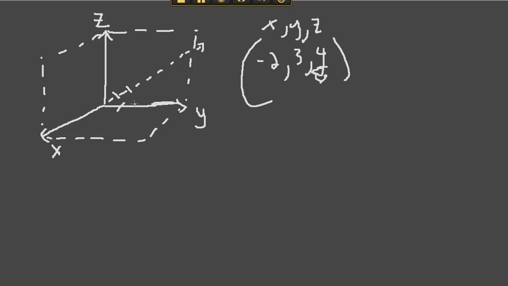Maybe if you can visualize this, -2, +3. Now for z, I'm going to go up. -2, +3, up 4. That ordered pair would be about right here. And that's graphing in 3 dimensions.